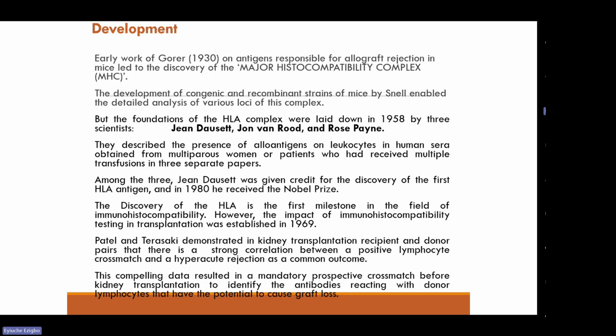The development of congenic and recombinant strains of mice by Snell enabled the detailed analysis of various loci of this complex. But the foundation of the HLA complex was laid down in 1958 by three scientists, Jean Dausset, Jon van Rood, and Rose Payne. They described the presence of alloantigens on leukocytes in human sera obtained from multiparous women or patients who had received multiple transfusions, in three separate papers.